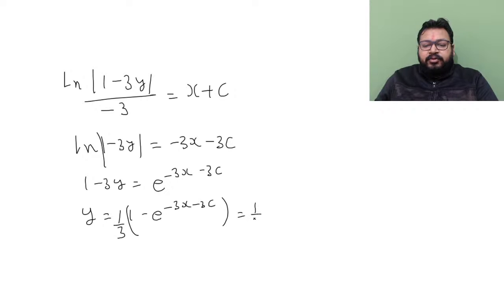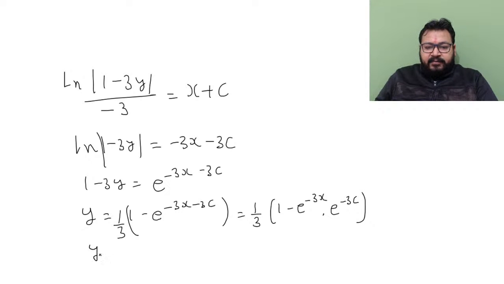Now इसमें जो constant term है, that is 1 minus e to the power minus 3x into e to the power minus 3c, or I can write y is equals to 1 by 3 minus e to the power minus 3x into e to the power minus 3c by 3.